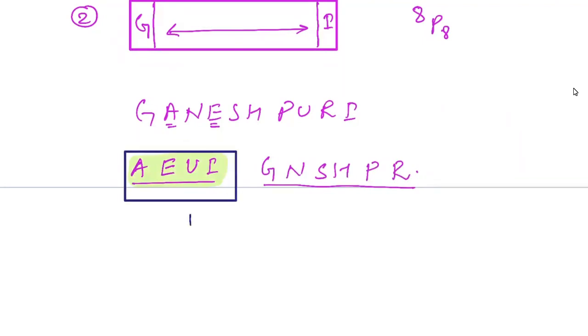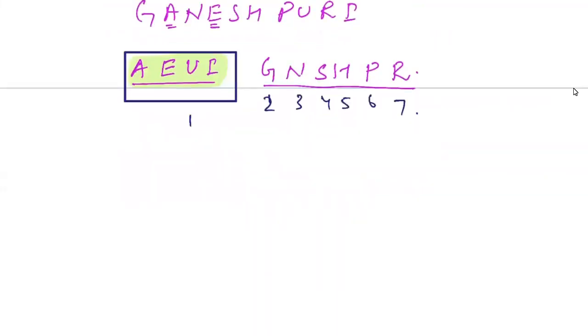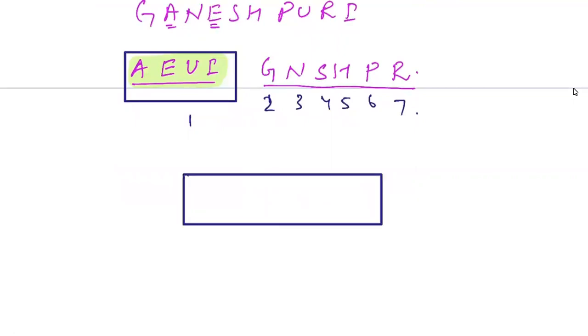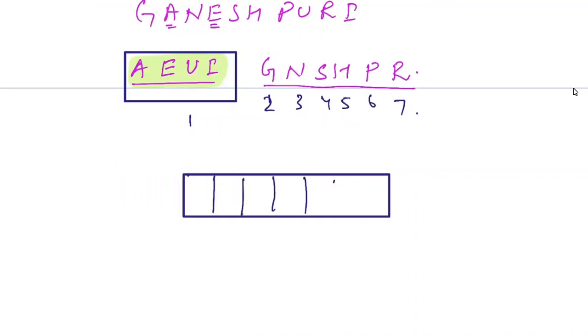So this is 1, 2, 3, 4, 5, 6, 7. We have to arrange these seven, right? In how many ways? 7P7. But these four, A, E, U, and I, can interchange themselves by 4P4.